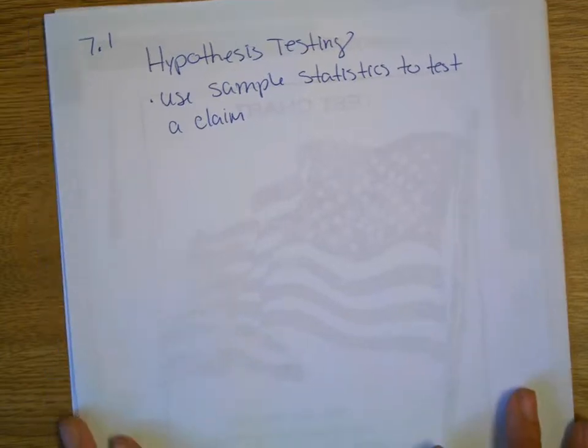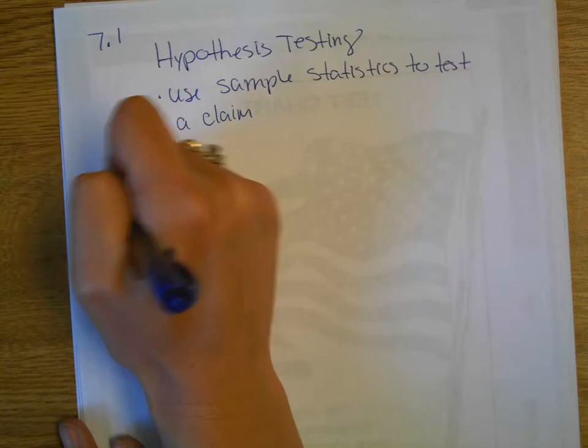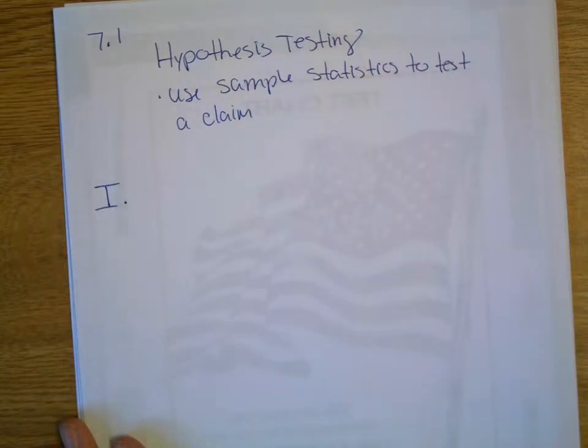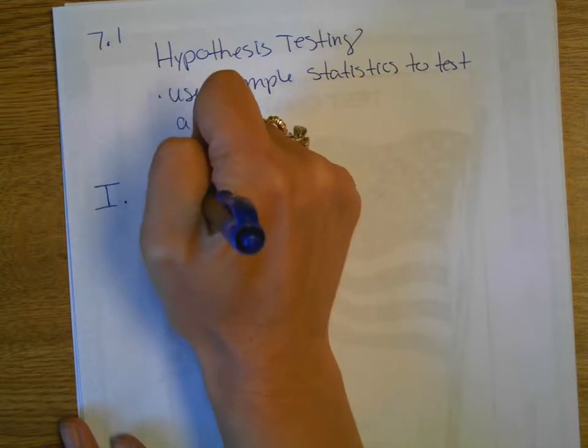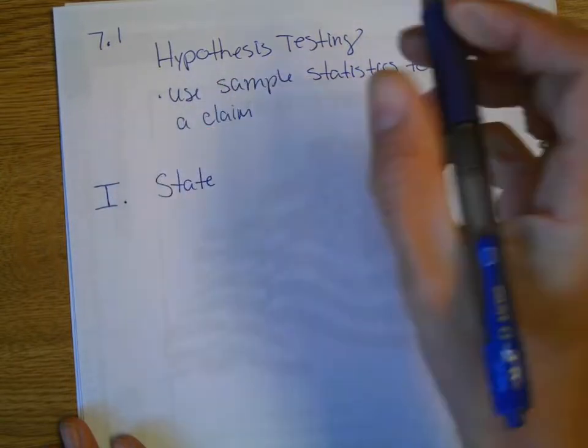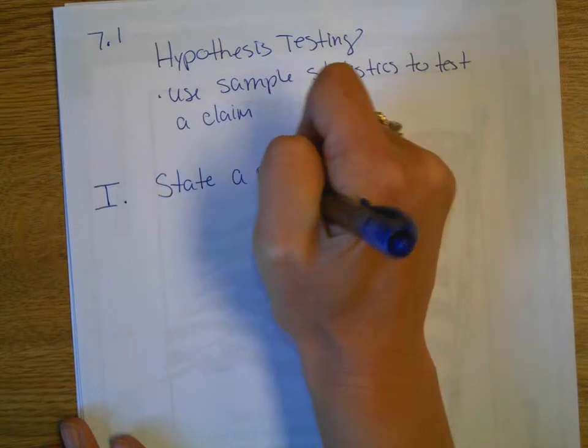So the first thing you're going to be doing, kind of going Roman numeral today because it's a lot of parts, is stating a pair of hypotheses.